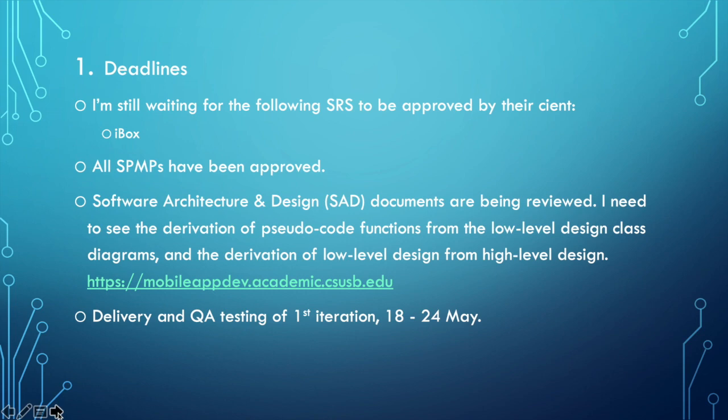So there should be no gap in the continuity of deriving high-level design from your deployment diagram or from some abstract root of your software project, and then from high-level design to low-level design, and then finally from low-level design to pseudocode. And let me remind you about that.